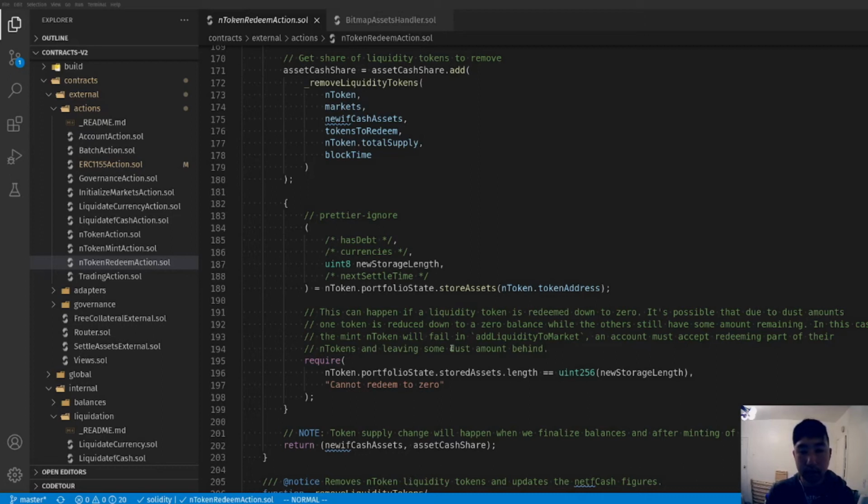This is just to say that we expect a liquidity token to be in each Fcash market to mark their positions. We rely on that logic in other places. So if this does occur, we will fail. Now the user can still redeem the vast majority of the value, but they'll have to leave behind some dust amount to mark that position.